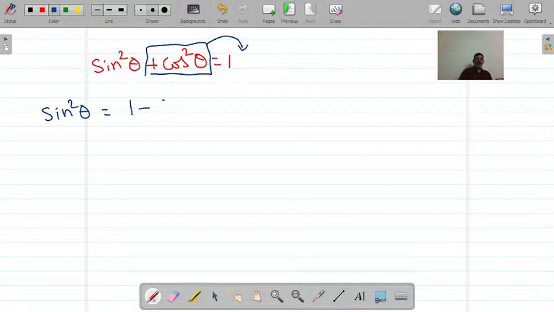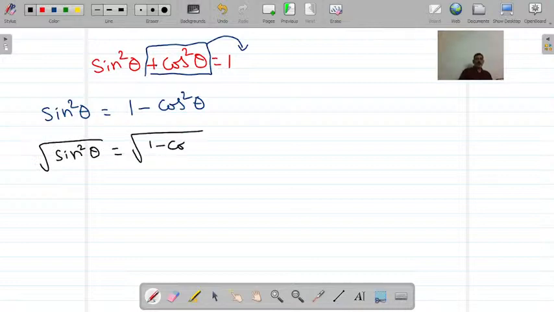So I can say sine square theta is 1 minus cos square theta. If I want only sine theta, what to do? Because it is a square, its reverse operation is square root. So square root of sine square theta is equal to square root of 1 minus cos square theta. So sine theta is equal to root of 1 minus cos square theta, because the square and square root cancel.